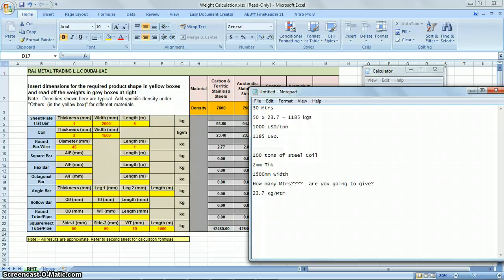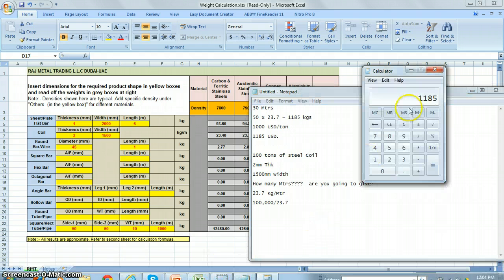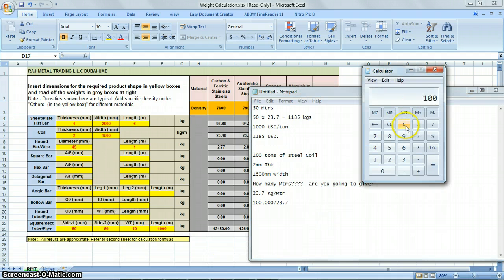Now this guy wants 100 tons, that is 100,000 kg. That is divided by 23.7. That is 4219.4.